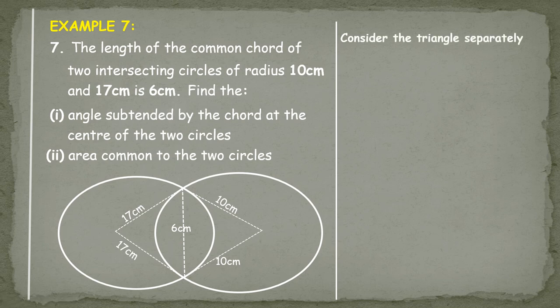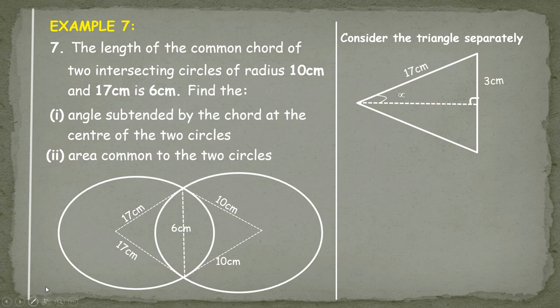So we are going to consider each triangle separately. So we have the 17. Now the 3 is coming in as a result of dividing this into two equal parts. I've just drawn a line from this point up to this point.